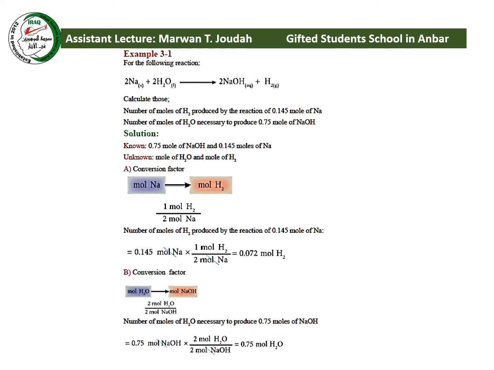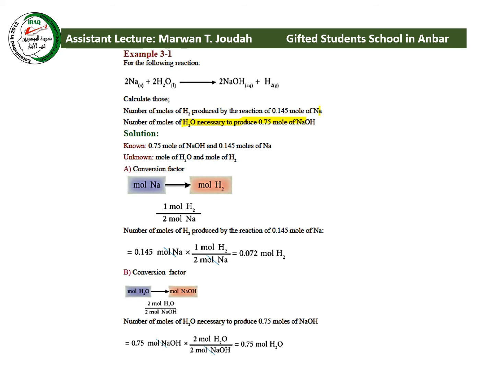For the following reaction, we have 2Na plus 2H2O as a liquid gives us 2NaOH plus hydrogen gas. I want to calculate the number of moles of hydrogen produced, and then I want to calculate the moles of H2O required to produce 0.75 moles of NaOH.